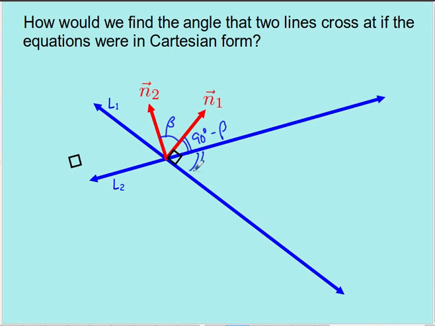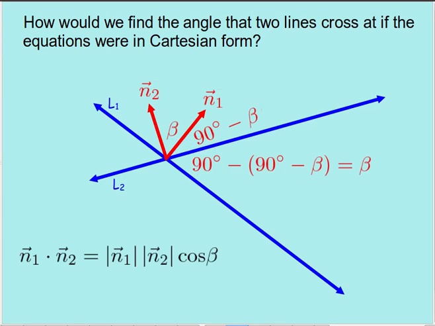And so this one, which I'll do with a triple, is going to be 90 degrees minus the angle from here, which is 90 degrees minus beta. If you work through that, 90 minus 90 is 0, and the negative of negative beta is just beta. So the angle between these normals can be related down to here. And so we end up with this result if we use our dot product definition for the normal vectors, which we would use if our equations were in Cartesian form.